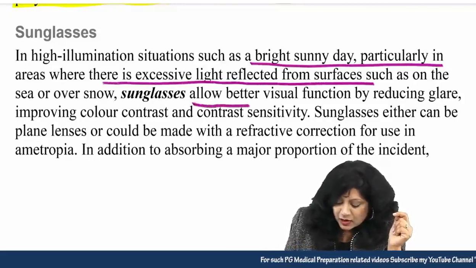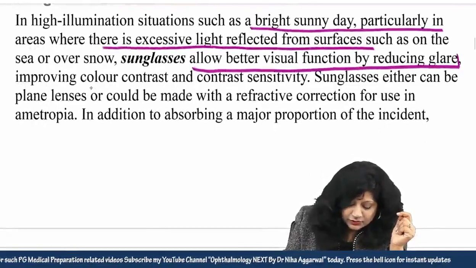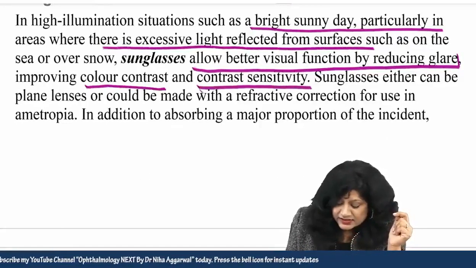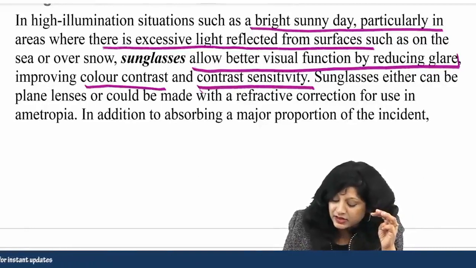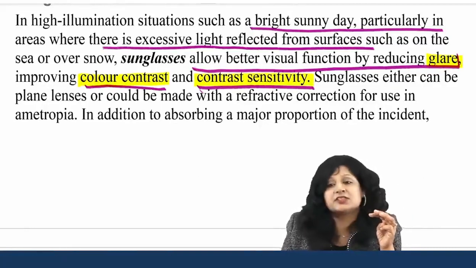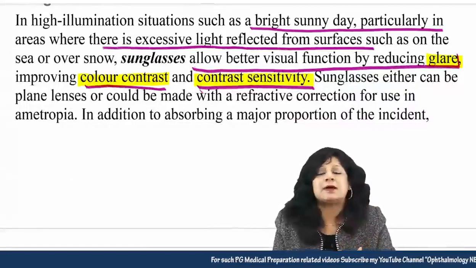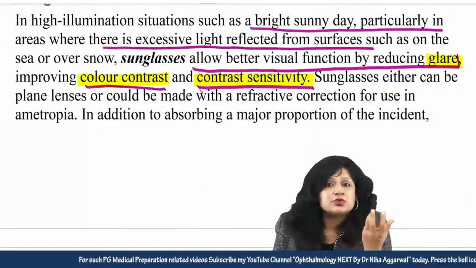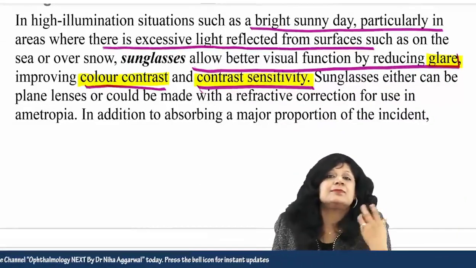This will allow better visual function by reducing the glare, improving the color contrast and the contrast sensitivity. So if you see the keywords, the three keywords are glare, color contrast and contrast sensitivity. When you are learning from this Parsons series, you should know what the picking words are. Sometimes you have a concept to pick, and sometimes you have the words to pick.